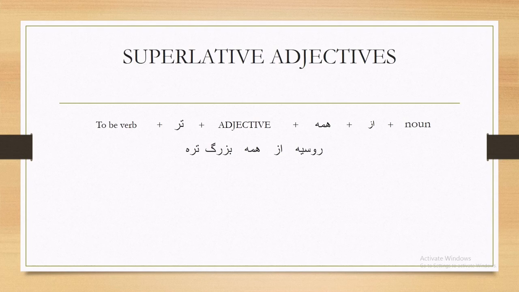But in another way, we use the noun at first, then we use the adjective, and then we add ترین, and then we add to be verb.